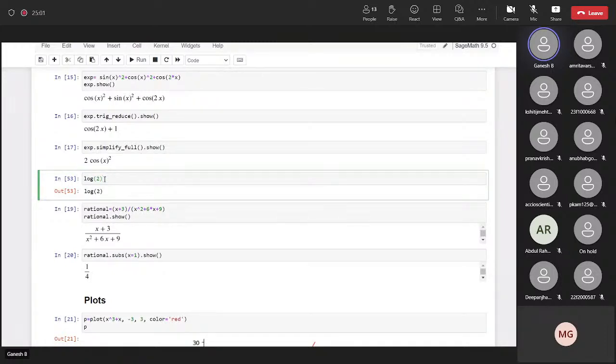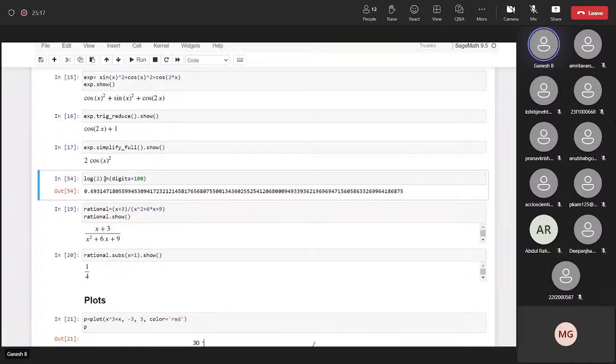If I show log 2, it doesn't throw you an output. If you want an output, you would say, give me 100 digits of what log 2 is, and it will show you the 100 digits. Remember, the syntax is dot n of digits equal to whatever number of digits you want. So these are 100 digits of log 2.